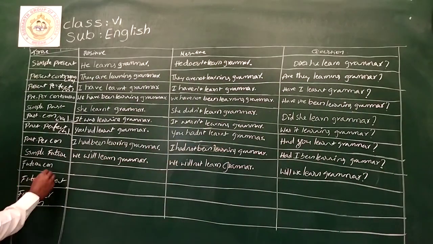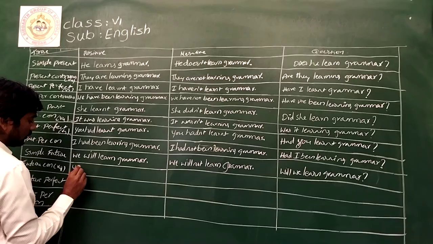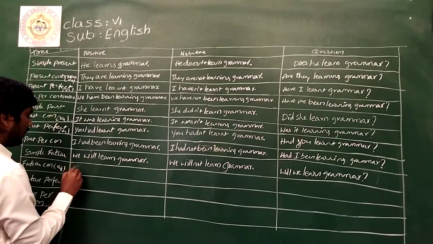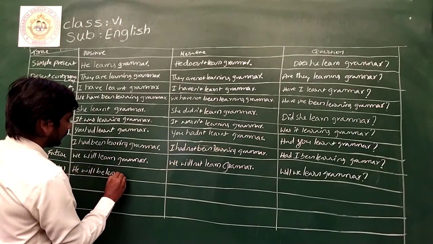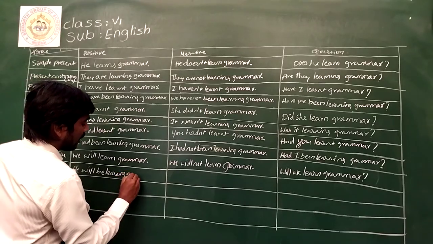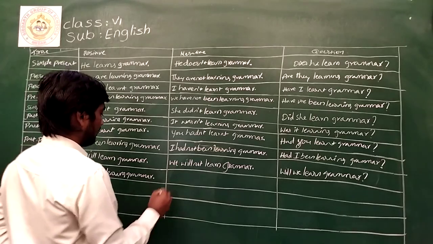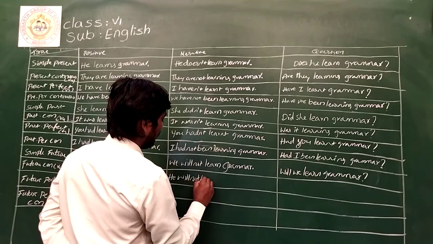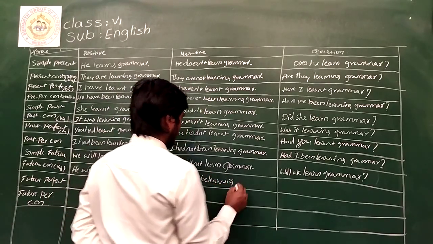Next one, future continuous, V4, will be. I, we, you. Next, he will be learning grammar. Next, he will not be learning grammar.